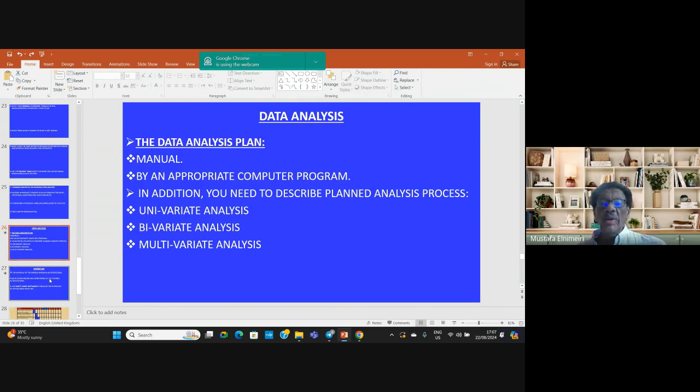Also, we need to include a data analysis plan. Either you are planning to conduct the data analysis manually or by using an appropriate computerized statistical package, which is very important. And then you describe your planned process, including univariate, bivariate, or multivariate analysis, and which statistical tests you are planning to use.